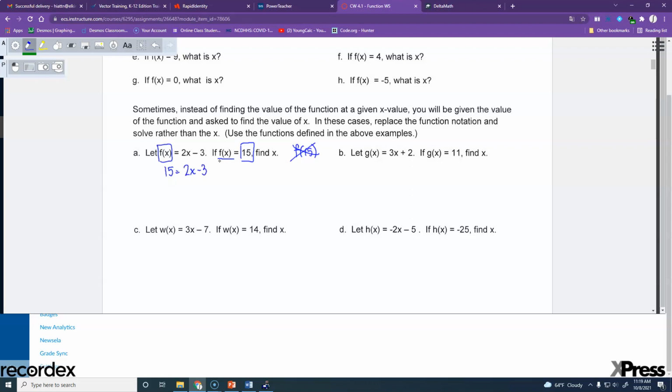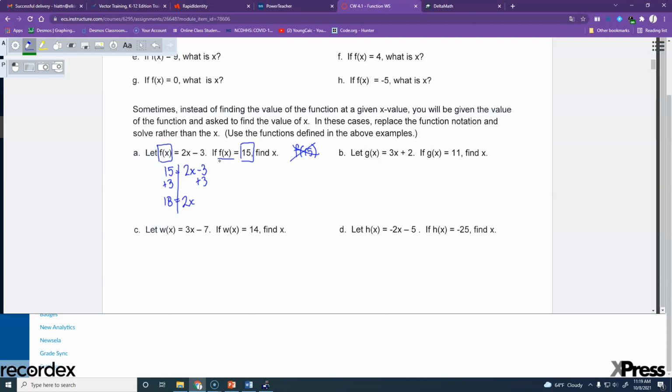Okay? So, Julian, what do I have to do to solve that? Yep. So we got 18 equals 2x.